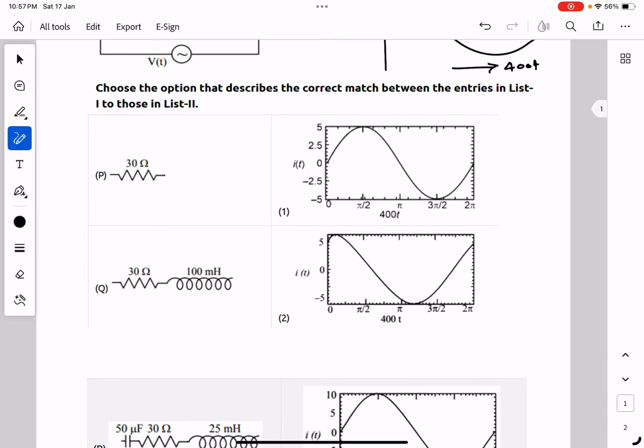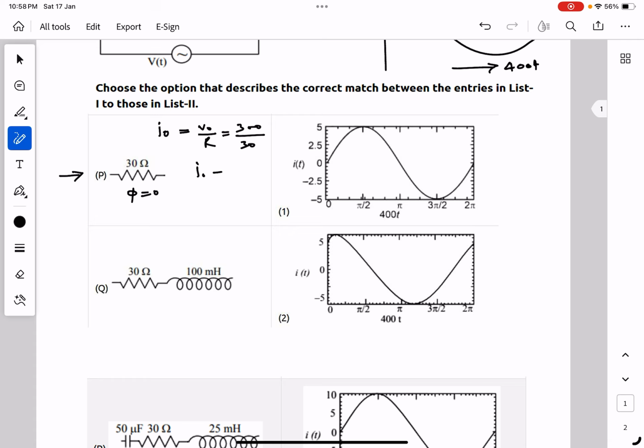Let us take up the first one. In this case, the circuit contains only a resistor. So this is a purely resistive circuit and current would be in phase with the voltage. So phase difference is 0 and amplitude of current I naught is equal to V naught upon R. V naught is given to us, 300 volt, and resistance is 30.